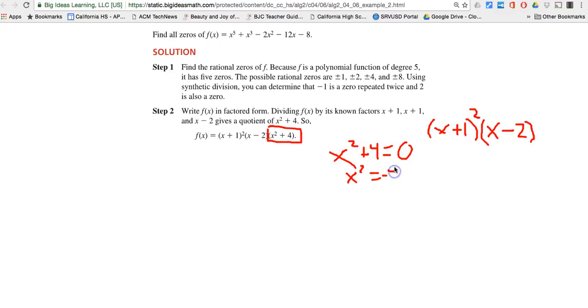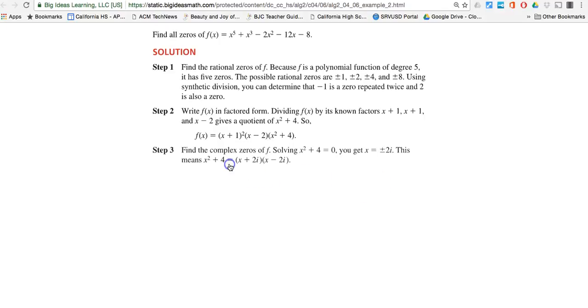And when we go ahead and take the square root of both sides, we get x equals plus or minus 2i. We take the square root and we take out the negative, and then the square root of 4 is 2. Okay, so those become our 5 solutions. We've got -1 twice, 2, and then plus or minus 2i right here.